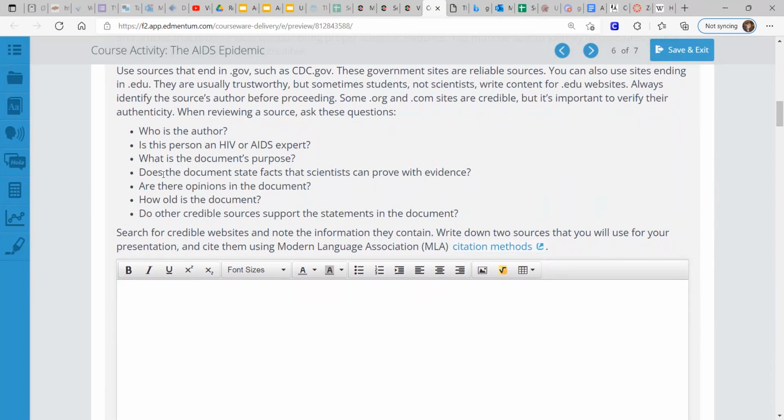Does the document state facts that scientists can prove with evidence? Are they just opinions? Is it an older document? Do other credible sources also support the statements in the document? So you want to see if information is lining up. Does it make sense the way it's stated, and does it agree with most other sources?